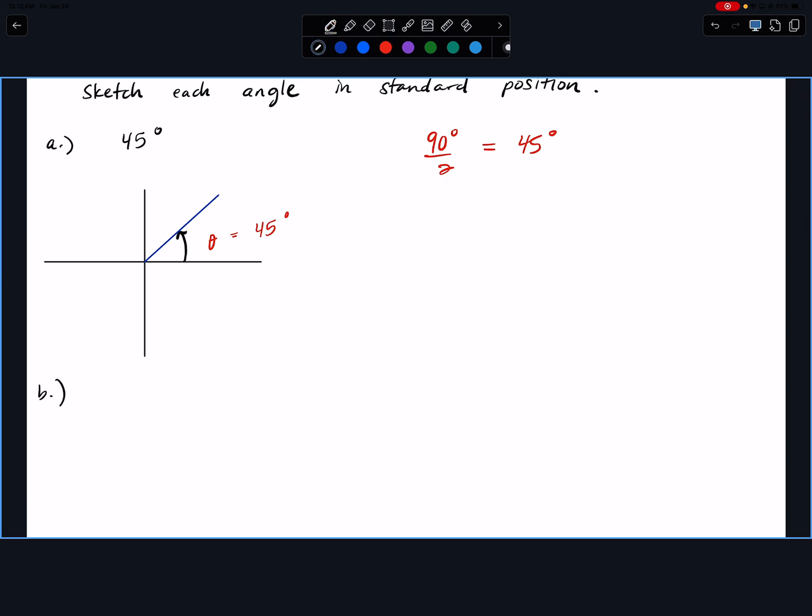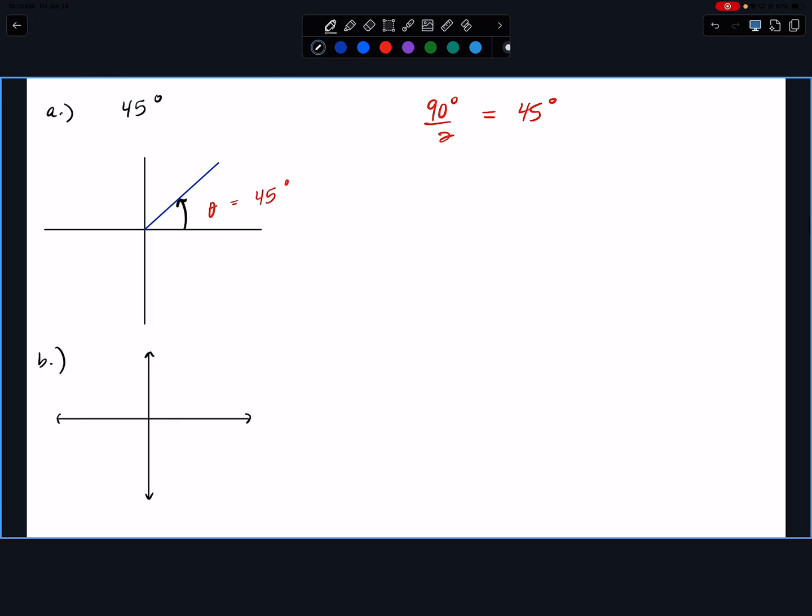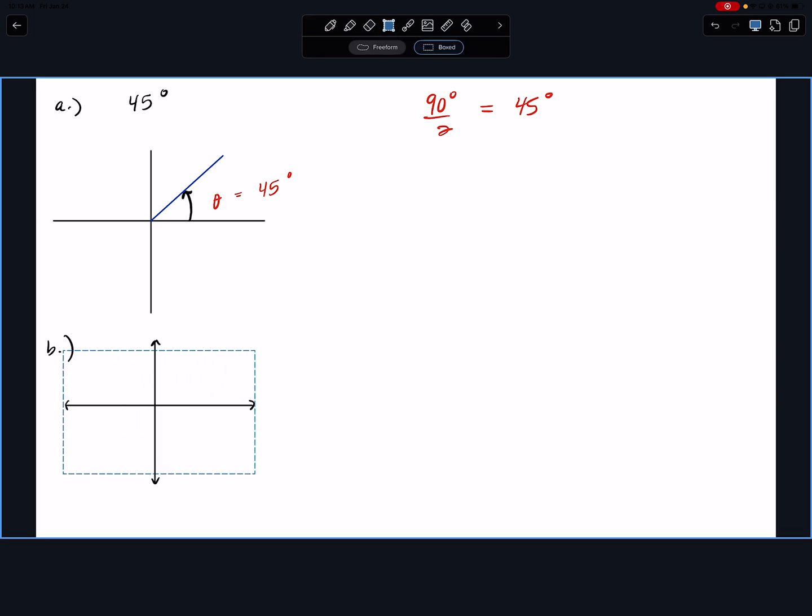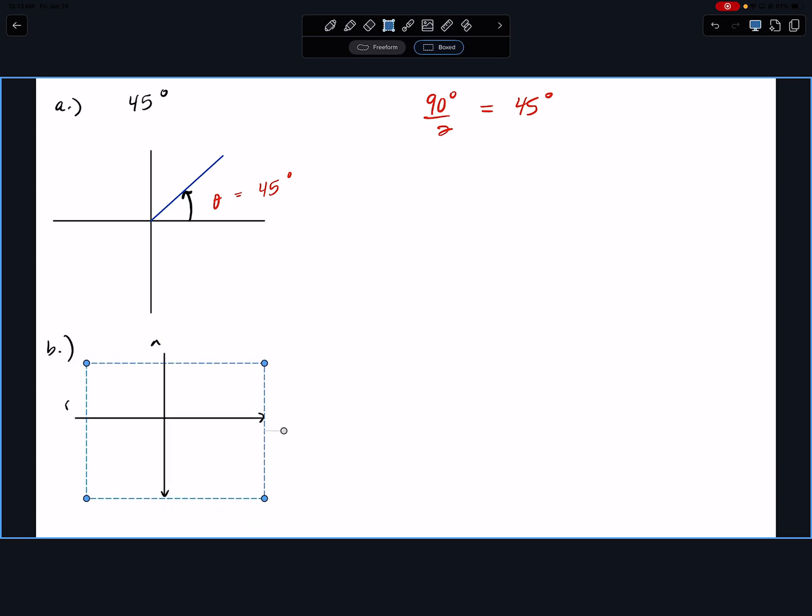So for part B, oh, I didn't write down the angle. My bad. So we're going to do negative 90.